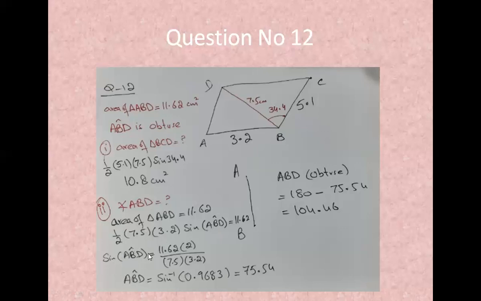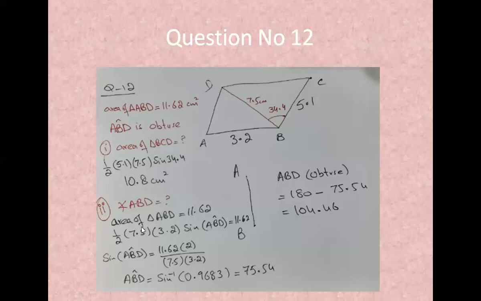So sine ABD, I will make it alone. The rest of the things will go on the other side. This 2 will go upstairs. These two numbers will go downstairs. So in your calculator, you will write 11.62 multiplied by 2 divided by 7.5 divided by 3.2 equals. So you will get 0.9683.